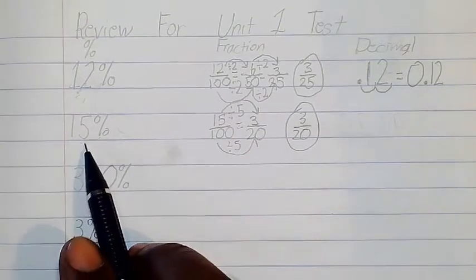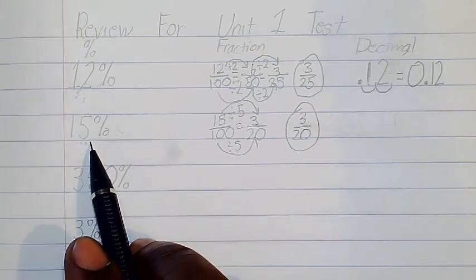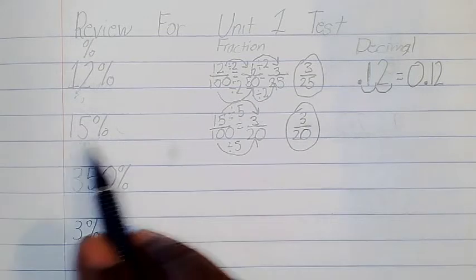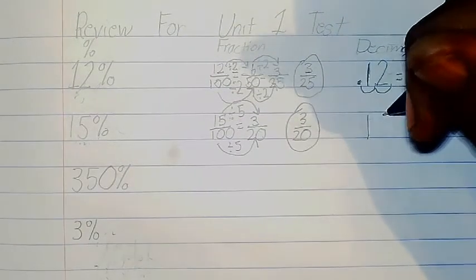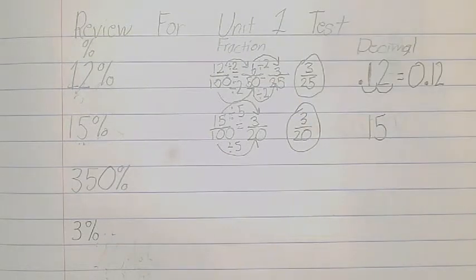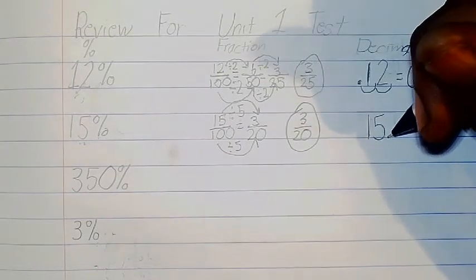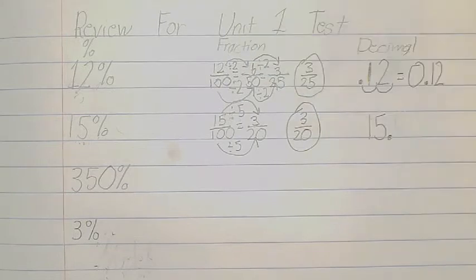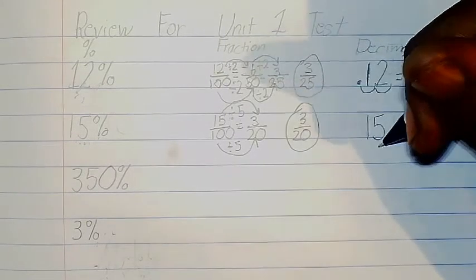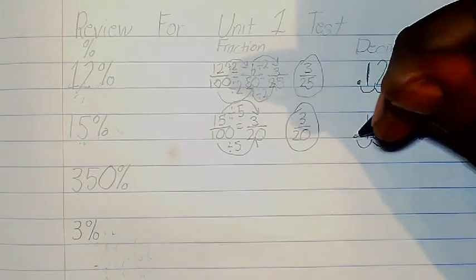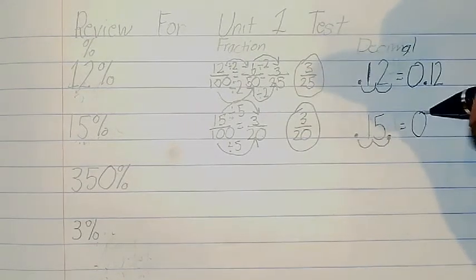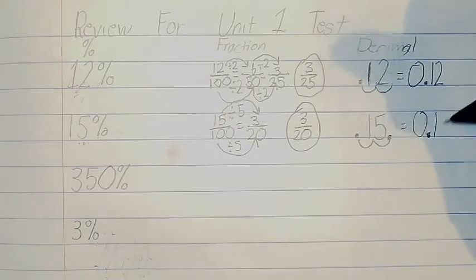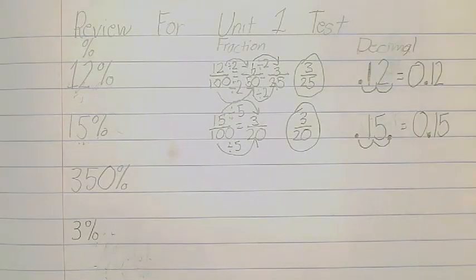Similarly, we move the decimal point 2 places to the left to change this percent to a decimal. So here I have 15. If the decimal is out of sight, it is to the right. So the decimal is here, and we move it 2 places to the left. 1, 2. So this is going to equal 0 and 15 hundredths.